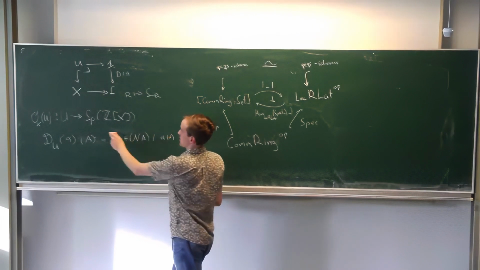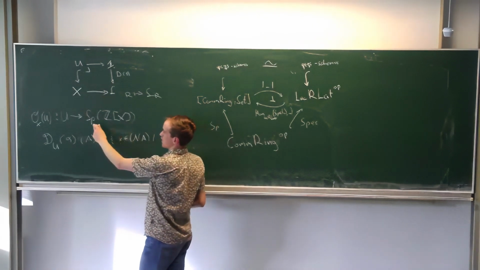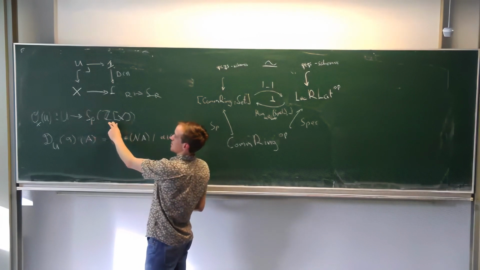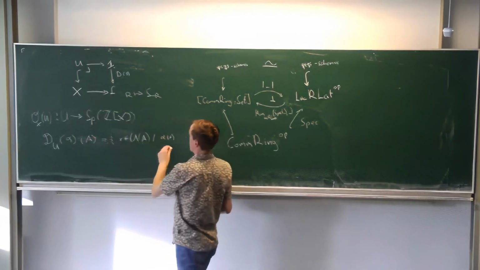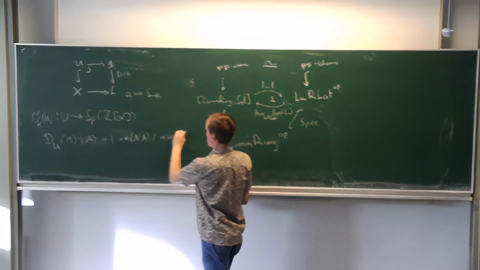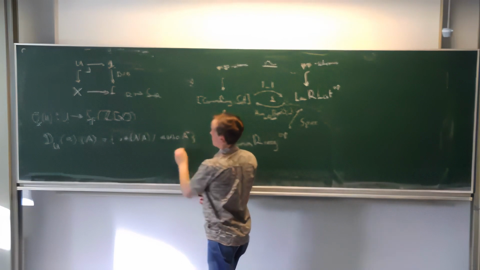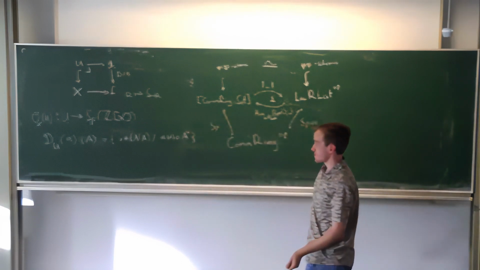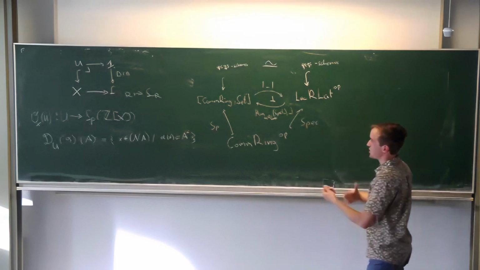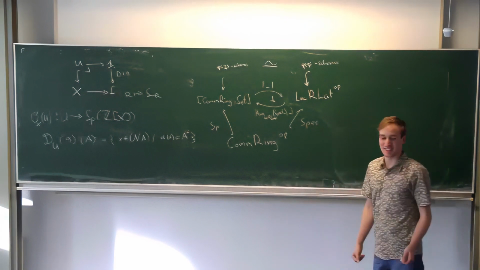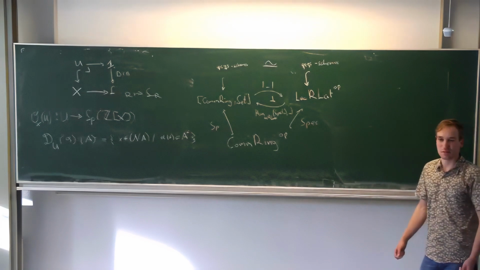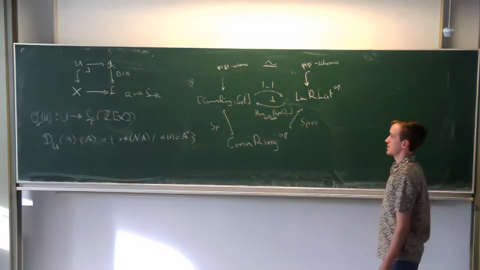Alpha of x will be some A-valued point of this guy, so this will be a morphism from polynomials into A, so this will just be a point in A basically. So this is the unit. Yeah, so everything works out very nicely and very straightforwardly. That's maybe the moral of the story.